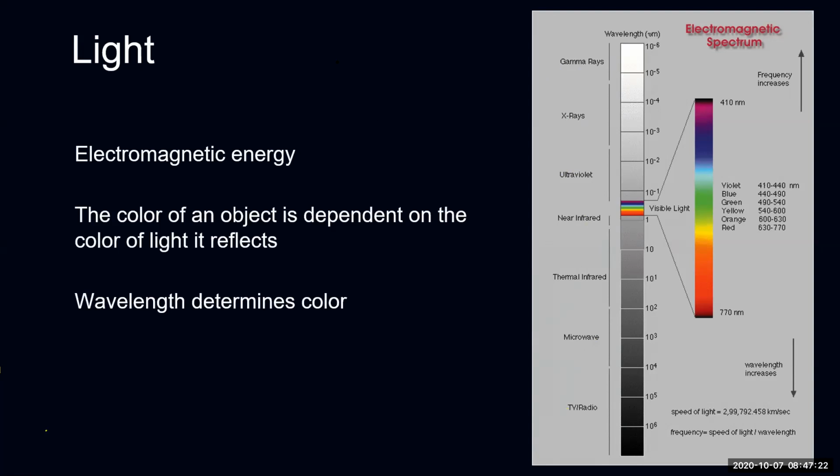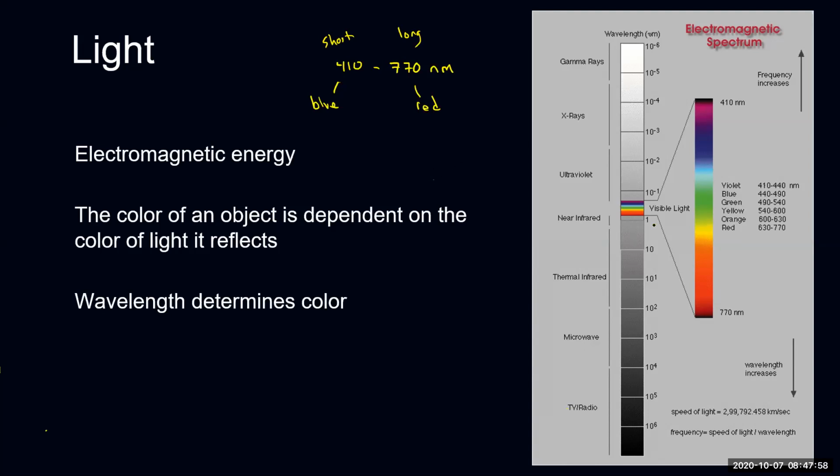Humans can see 410 to 770 nanometers. I want you to remember that. This is visible light, 410 to 770. 410 is, I want you to remember, in the blue range. 770 is red. Okay, so short wavelengths, about 410, blue. Longer wavelengths, 770, red. I want you to remember this.